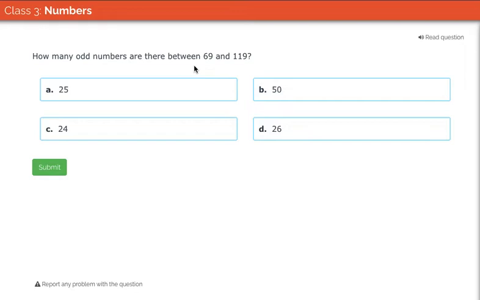So let's find out. Just subtract 69 from 119. Hmm. 119 minus 69, which is equal to 50.